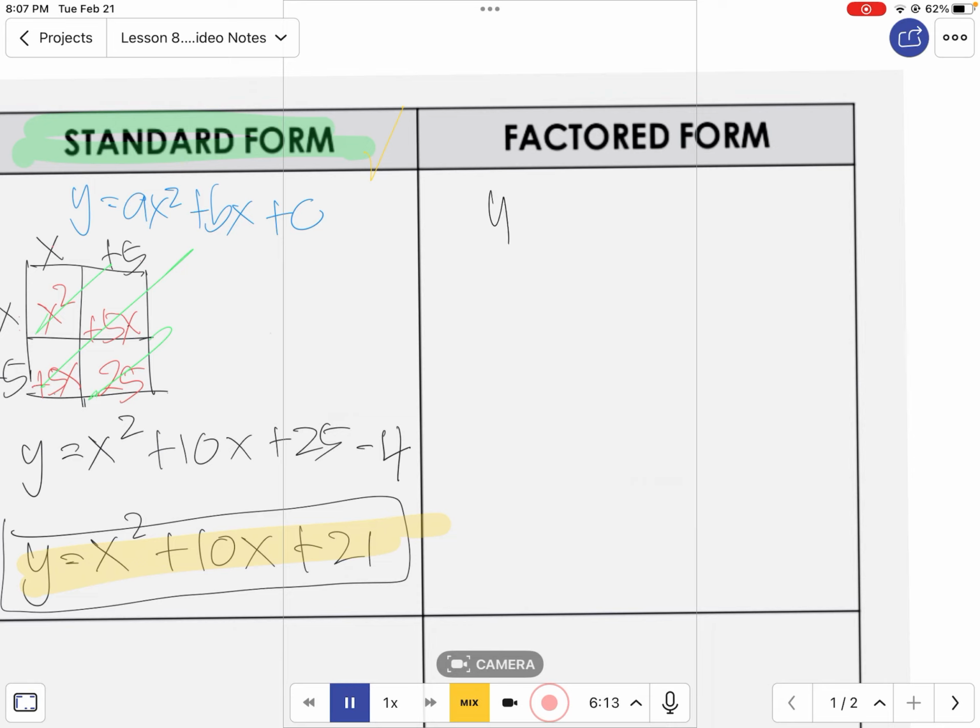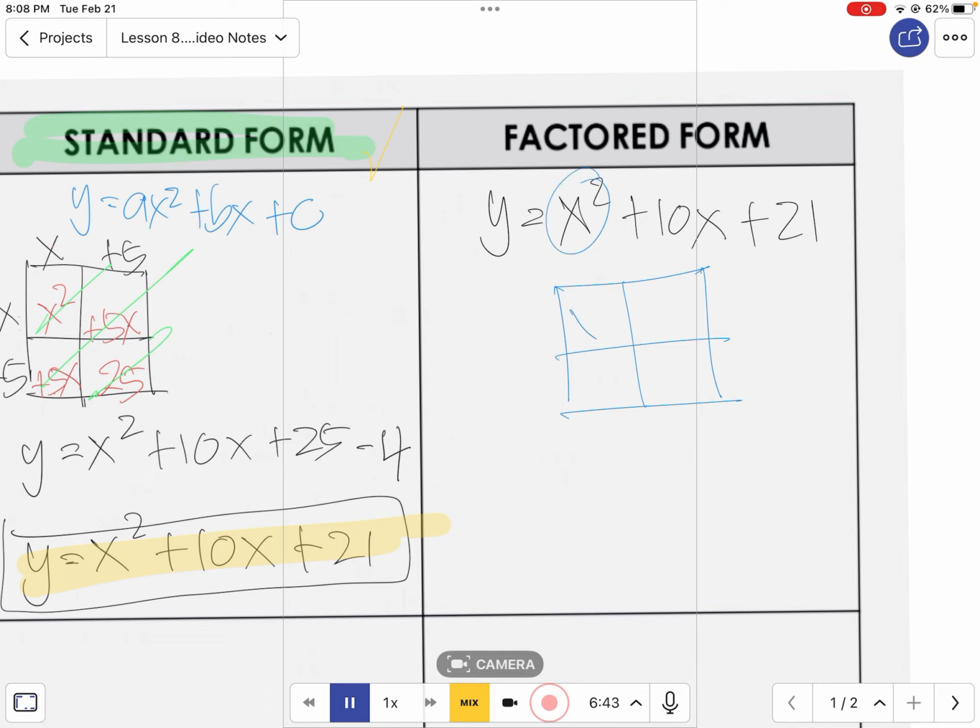From standard form, y equals x squared plus 10x plus 21, into factored form. If we used the box method in the previous form, we will use the same thing, the box method. I want you guys to remember this. Now the x squared goes in the first box and the 21 goes over here.